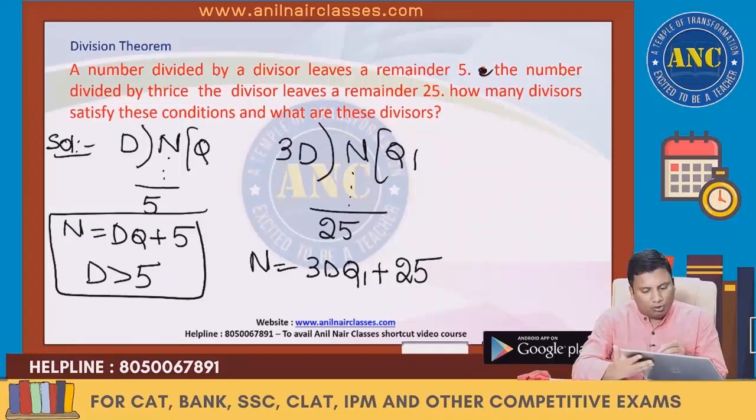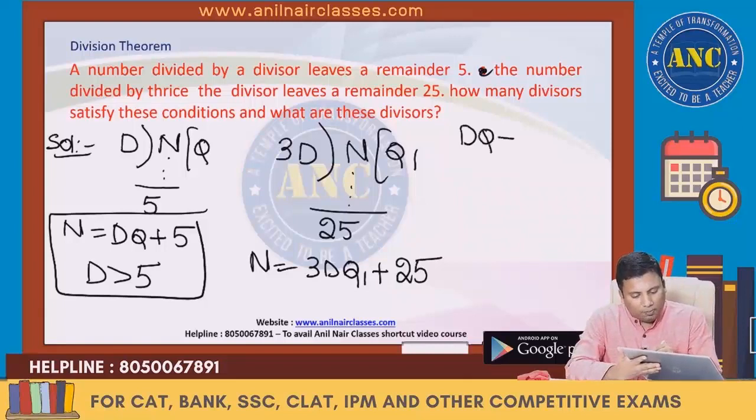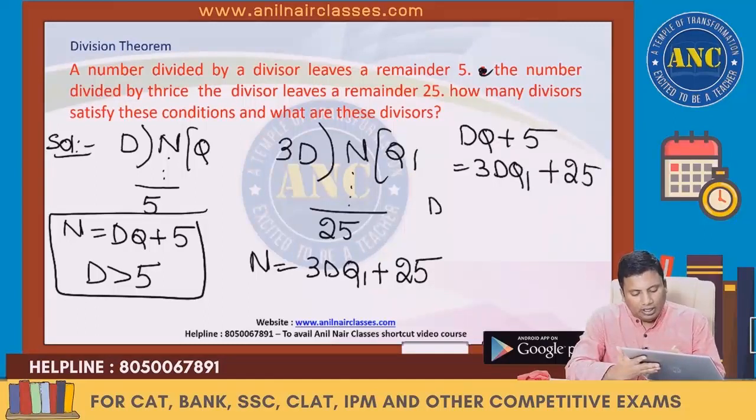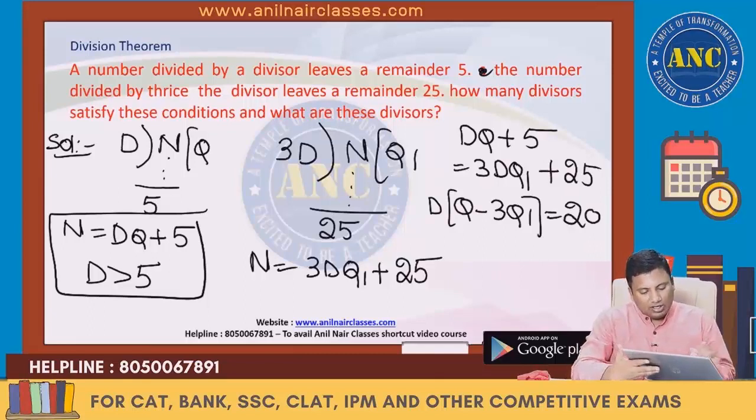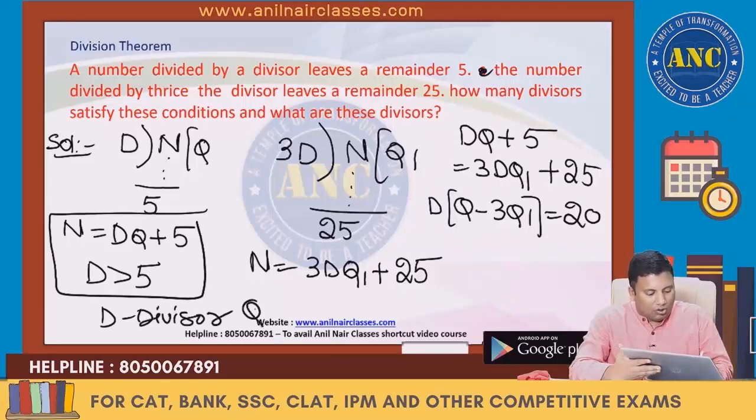Now equate both of them: dq plus 5 equals 3d Q1 plus 25. d into (q minus 3Q1) is nothing but 20. Already we discussed: d is the divisor, q is the quotient, and Q1 is the new quotient.